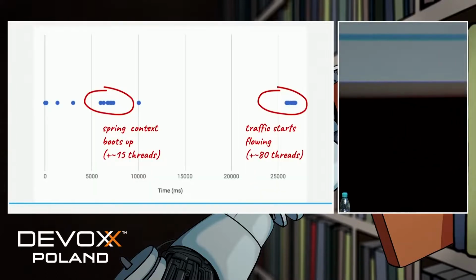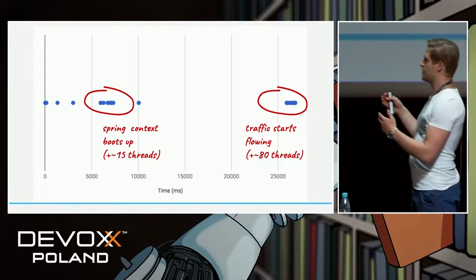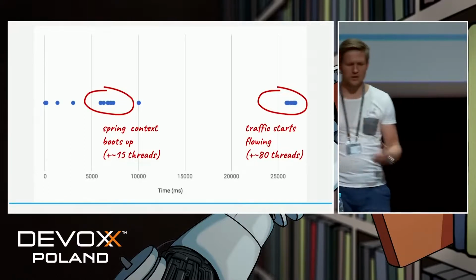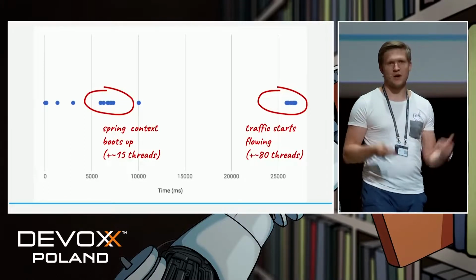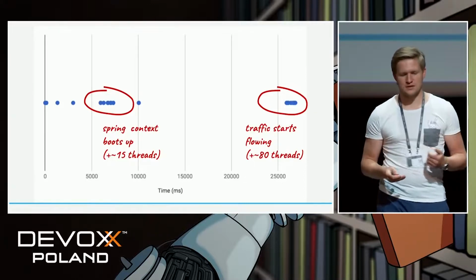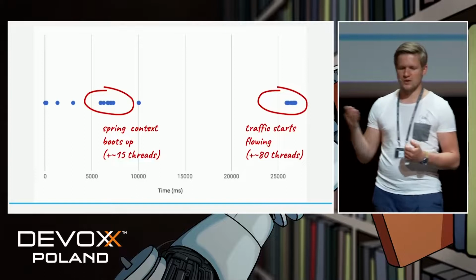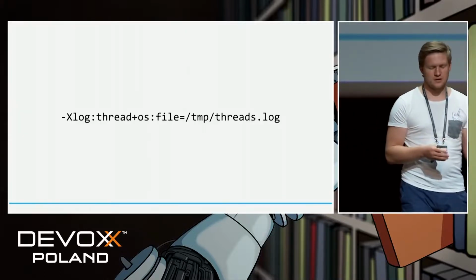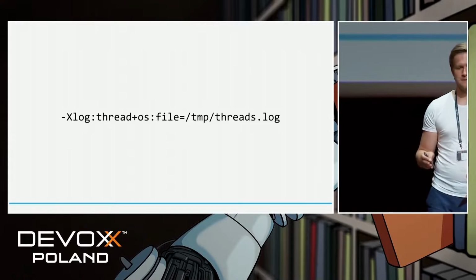And so, an important question is, this is a cool graph, but this is a graph for some dummy application. How can we see how my application behaves in production? What tools did I use to create this? Well, there is another cool thing that comes with Java 9, which is called JVM Unified Logging.